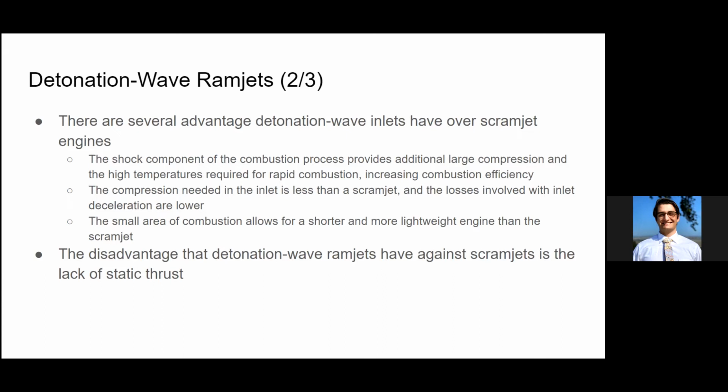One of the bigger considerations is that the small area of combustion, due to the wave itself combusting it, allows you to shrink the combustor of the ramjet to be very short, which allows for a shorter and much more lightweight engine than the scramjet. However, it does come with a major disadvantage: detonation wave ramjets have a lack of static thrust.